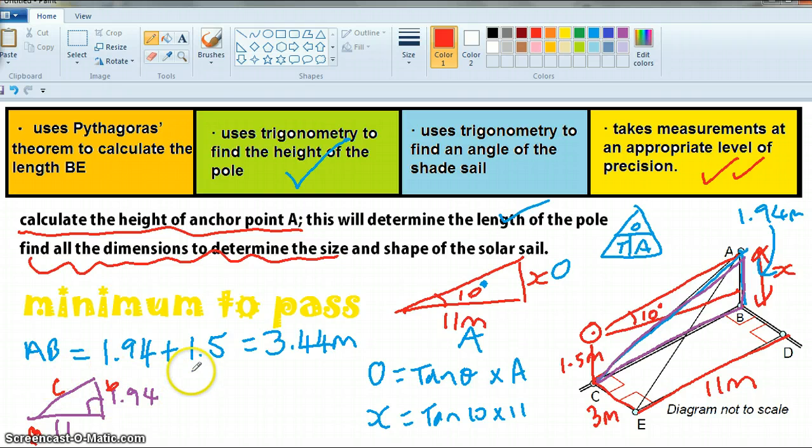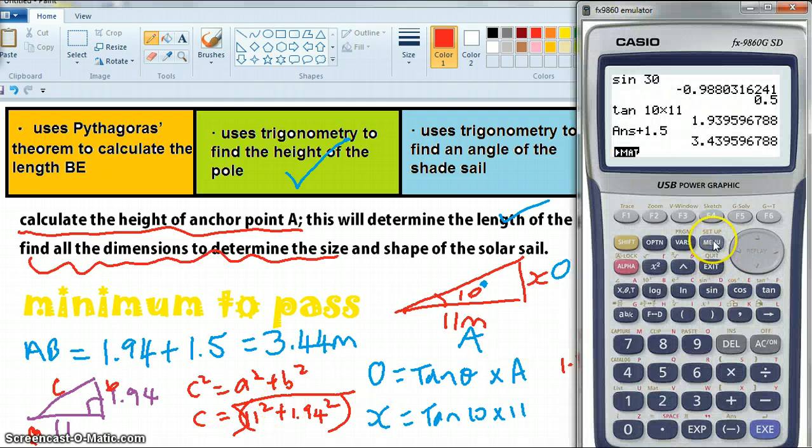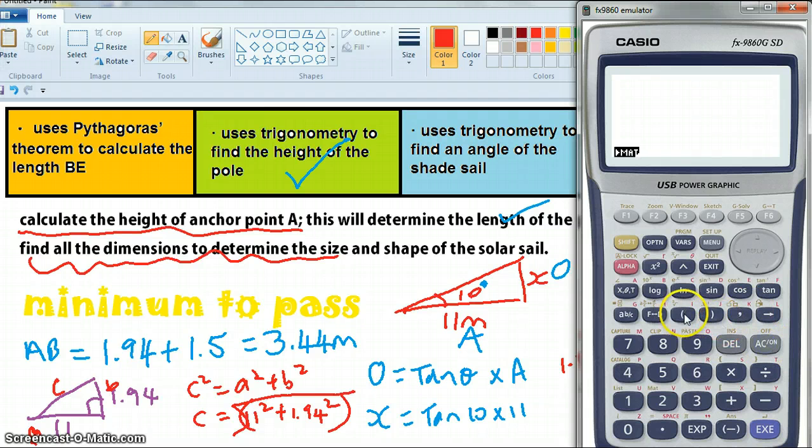So I've got C squared equals A squared plus B squared. So C equals 11 squared plus 1.94 squared, and take the square root of the lot. So I'm going to go bracket 11 squared plus 1.94 squared, take the square root, and I've got 11.2.